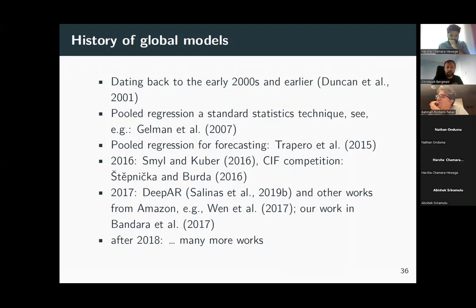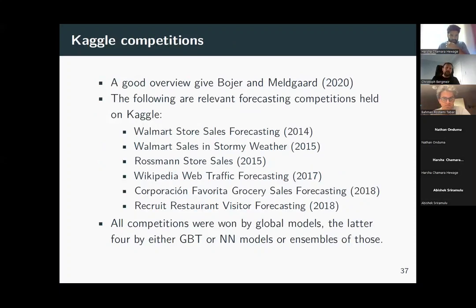Then in 2016, Slawek Smyl developed some of his ideas in the CIF competition. Then 2017 was DeepAR. MQRNN was also 2017. We had some early works as well. And since then, the field has quite exploded and has so much work.